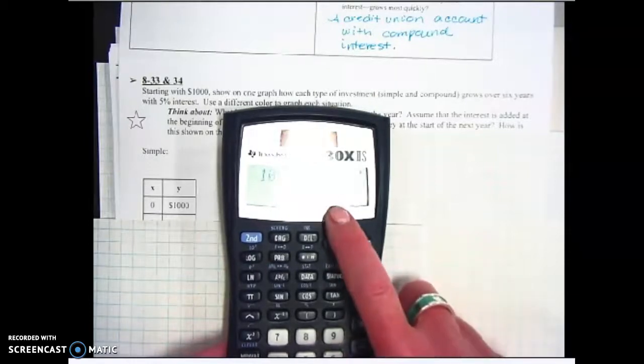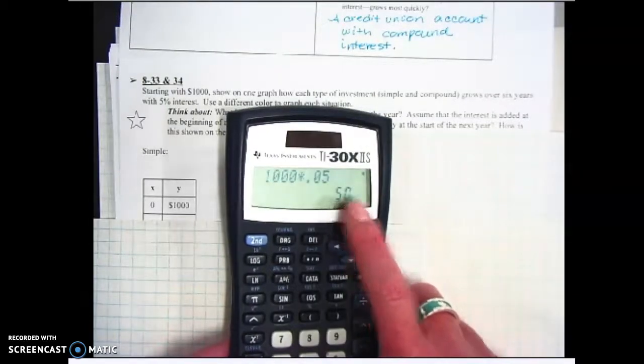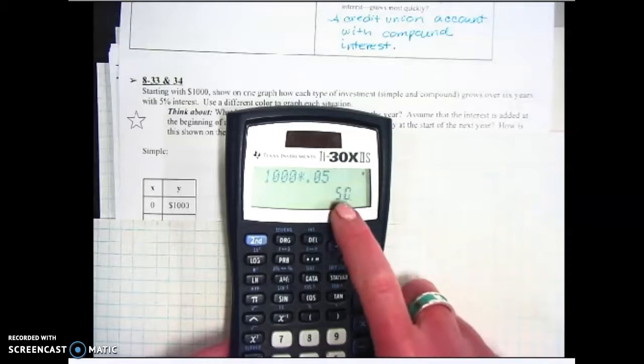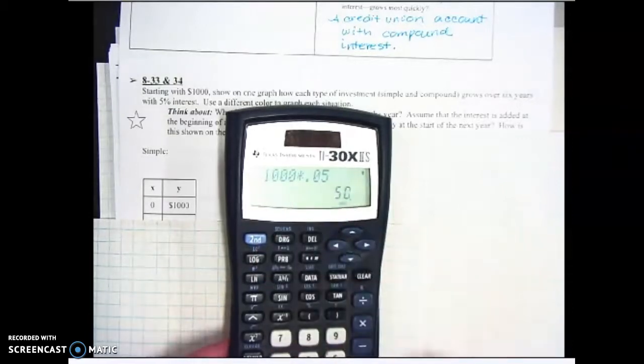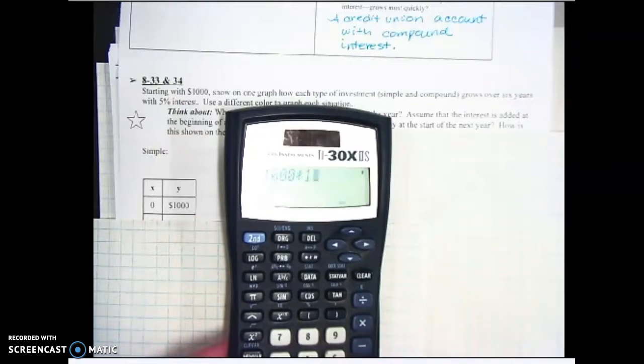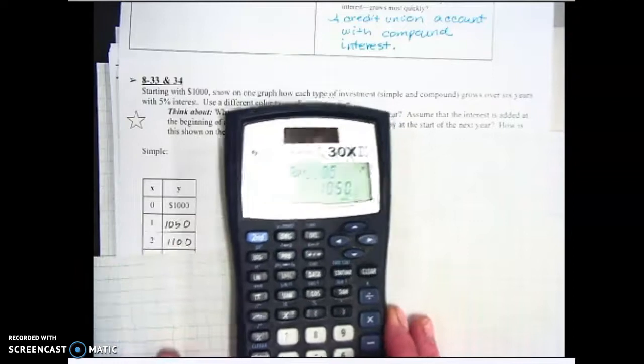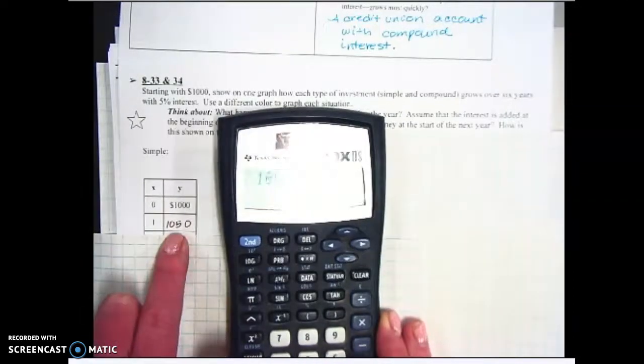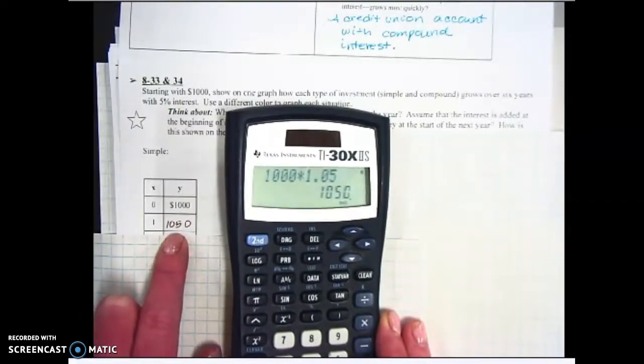And that tells you that it should be a 50 dollar increase. So instead of just taking the 50 and adding it back to 1,000, what was the shortcut I taught you? So we're going to multiply 1,000 times 1.05, and that means after 1 year, we have $1,050.